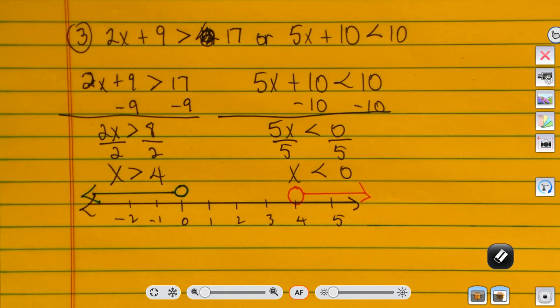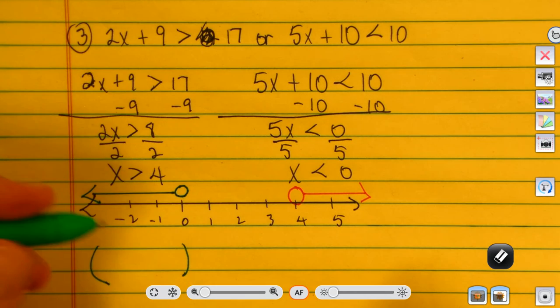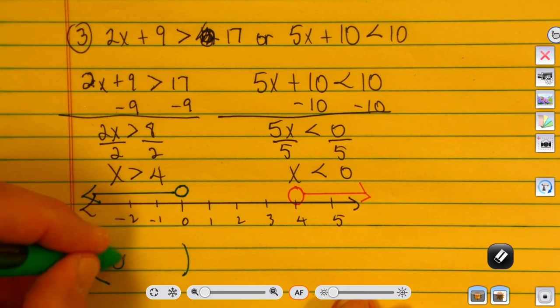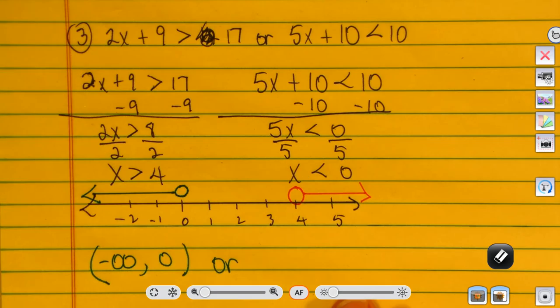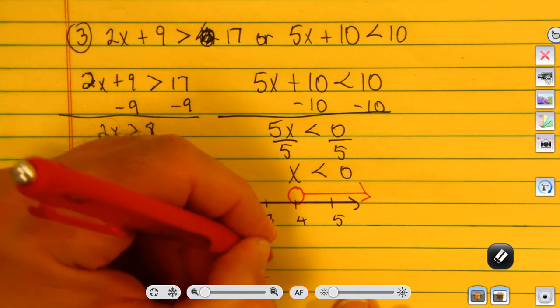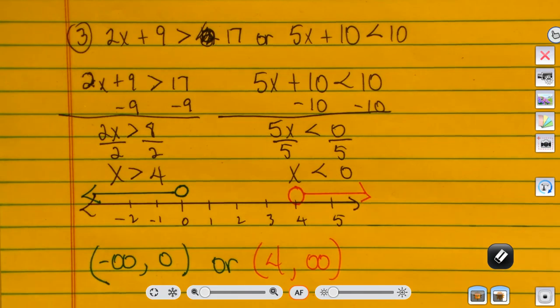In interval notation, I'm going to be using all parentheses since there's no equal to's in here. It'll be negative infinity and 0, or 4 and positive infinity.